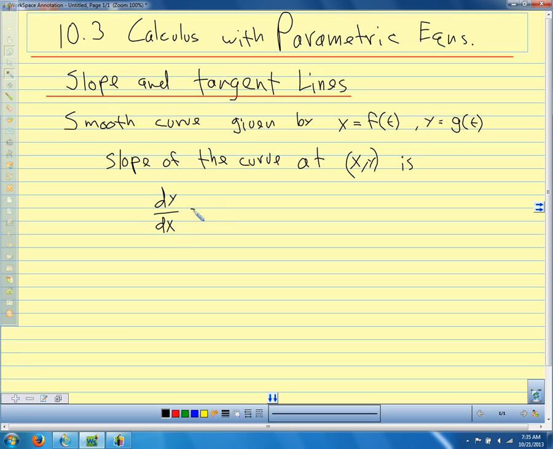which is just going to be dy/dt divided by dx/dt. And we're saying that dx/dt is not 0. So just like we would expect, this is how we find our slope.